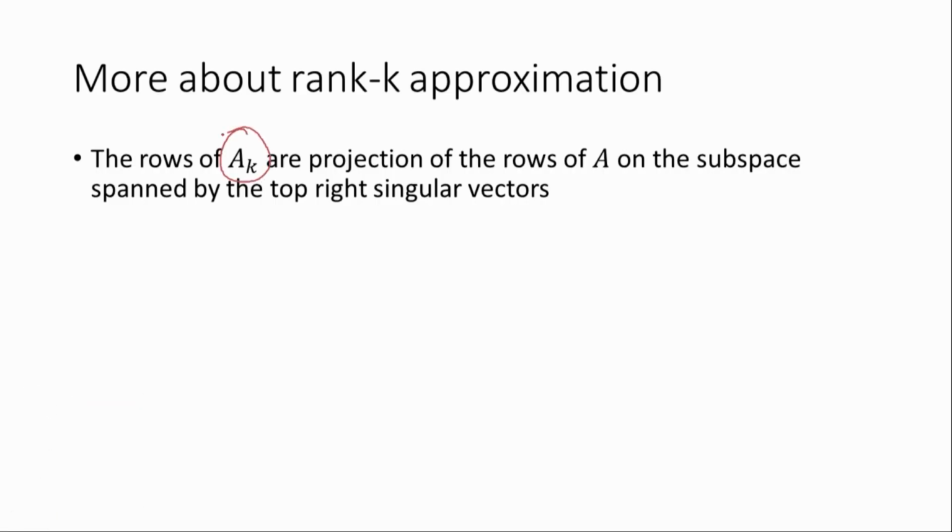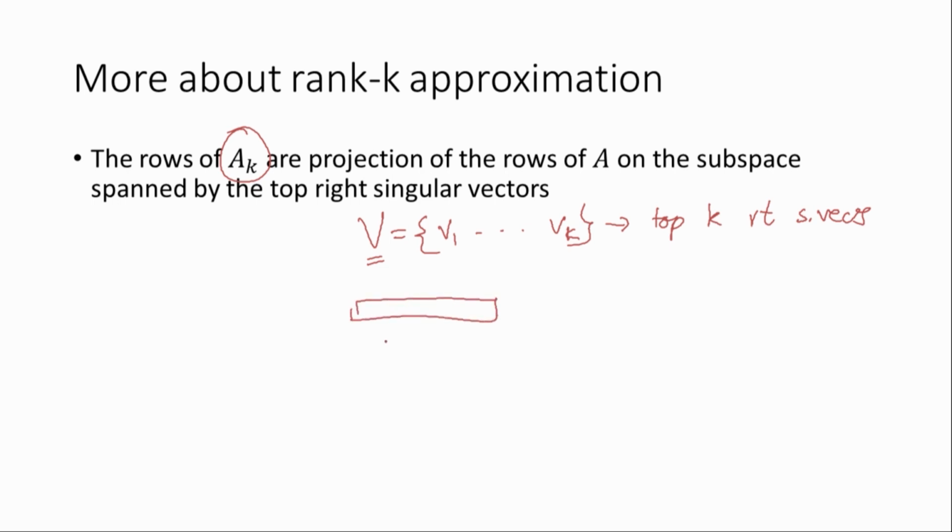If you look at the vectors v1 to vk, which are the top k right singular vectors, and the subspace V spanned by them, or V is the matrix that has these columns, then one row of A_k, say the i-th row, is nothing but the corresponding row of A projected onto the subspace.